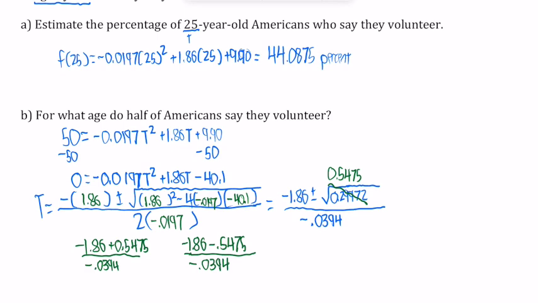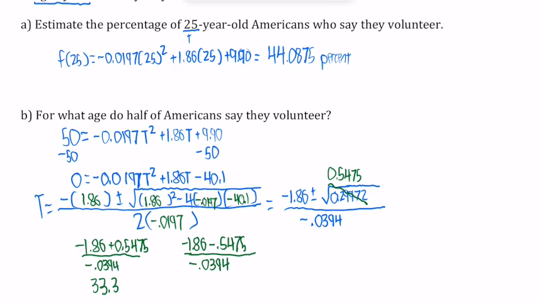So calculating the first one, negative 1.86 plus 0.5475 divided by negative 0.0394. Oops, I typed something wrong in my calculator again. Here I get for the first one about 33.3.